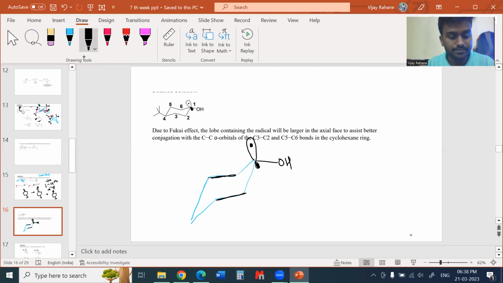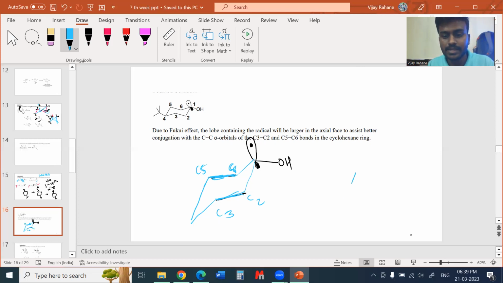So the sigma of this C2, C3 and C5, C6 will help to stabilize this radical.